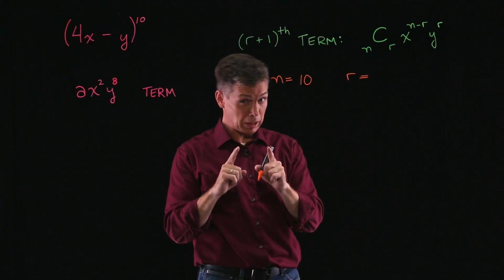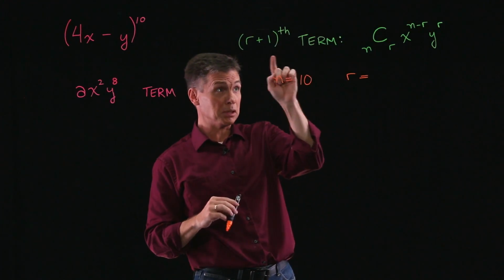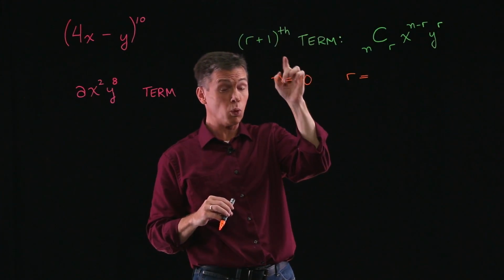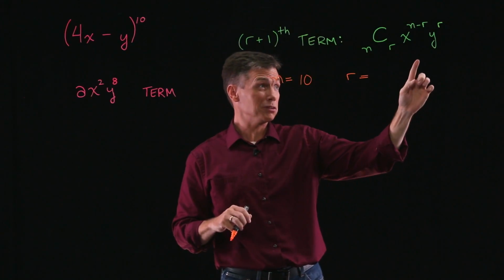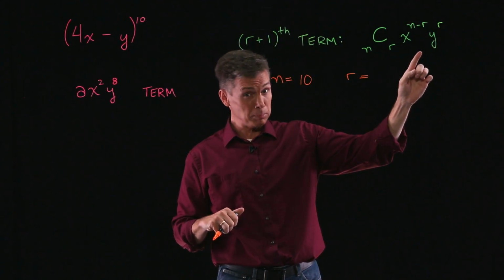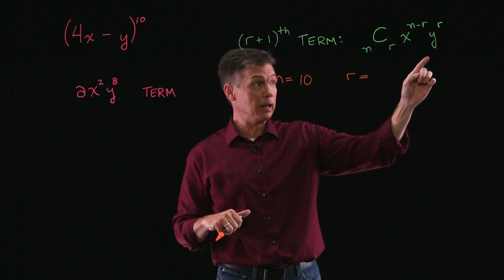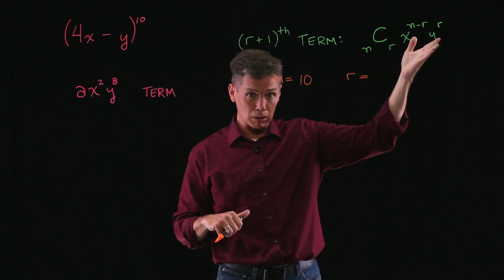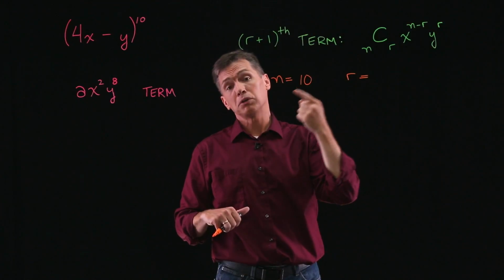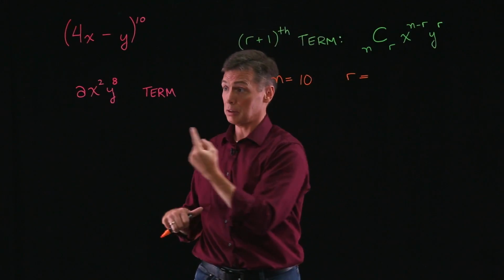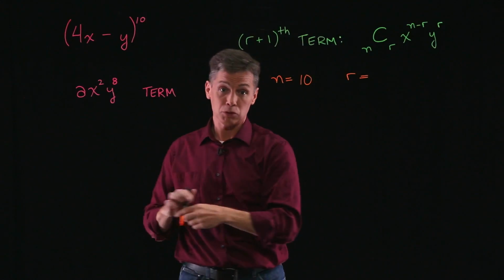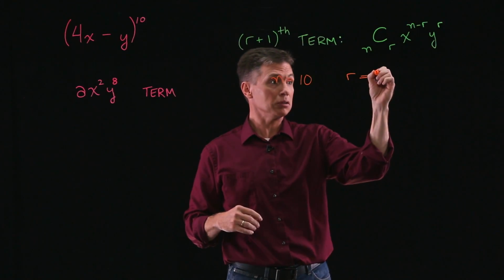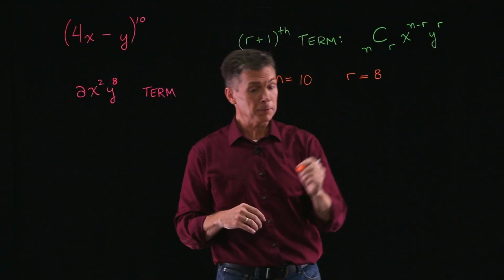R, you have to be a little bit careful about, especially because this formula is for the r plus 1th term. But for us, it's actually straightforward, because if you look at the power, the exponent of y, that is r in this formula. And what they're asking for of us in this problem, in terms of the y, the power is 8. So that's my r value. R is just going to be 8.